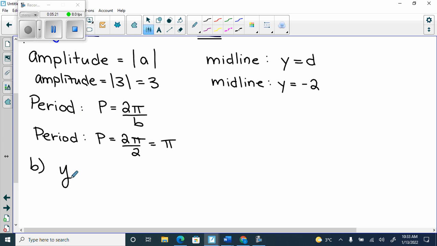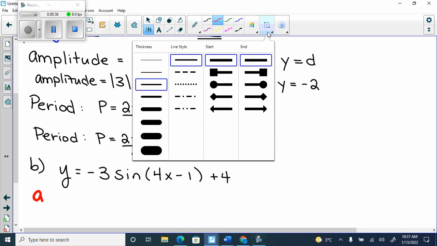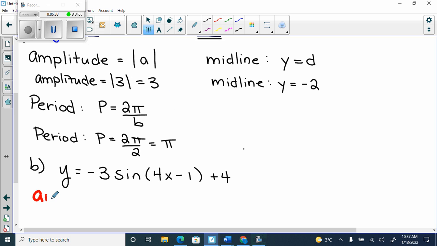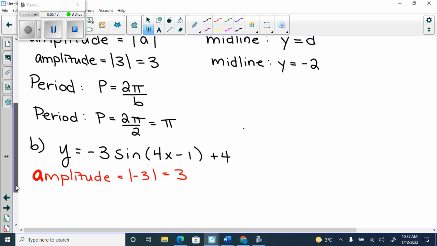So B, we have y equals negative 3 sine 4x minus 1 plus 4. I want you to give me the amplitude, midline, period. What would the amplitude be of this one? The absolute value of negative 3, which is 3. You were right. What would the midline be? y equals 4, the D value.